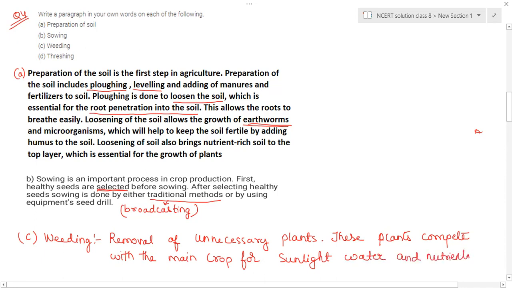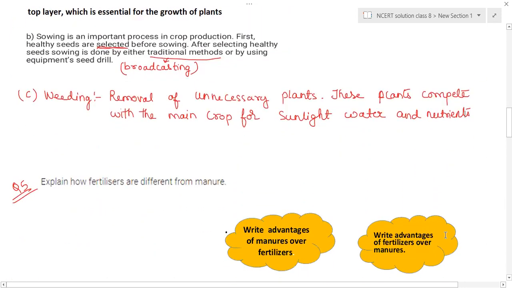Now, the ways in which the weeding can be done: weeding can be done manually, or by using weedicides.